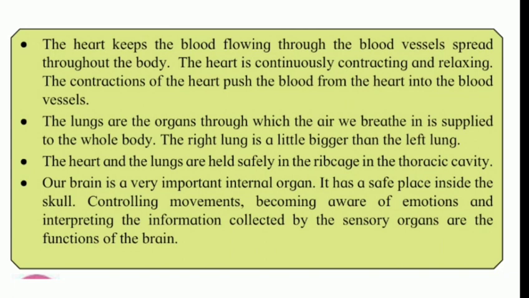The heart and the lungs are held safely in the rib cage in the thoracic cavity. Our brain is a very important internal organ. It has a safe place inside the skull. Controlling movements, becoming aware of emotions, and interpreting the information collected by the sensory organs are the functions of the brain.